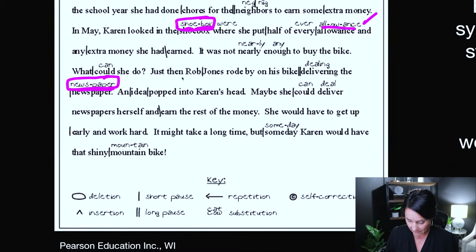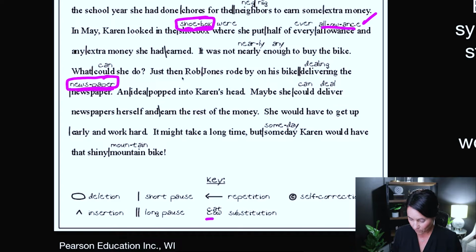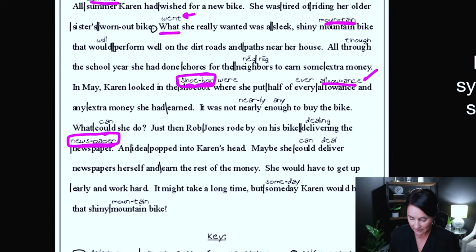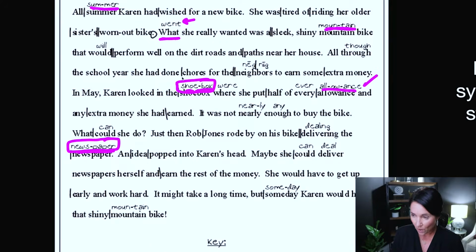Notice that this is what the student says. If you look at the key down here, when you write something above the word, it's what the student substitutes in. So you can see that he's substituting in went for what, will for would, though for through, let's see here.